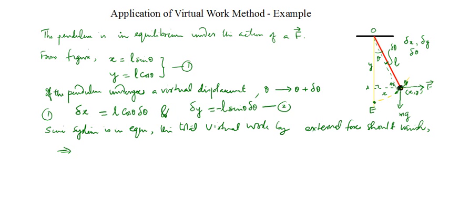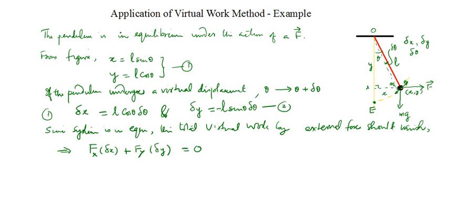So I can calculate the total virtual work by the two external forces individually: F along the x direction into the virtual displacement along the x direction, delta x, plus the force along the y direction into the virtual displacement along the y direction. These should add up to give 0.